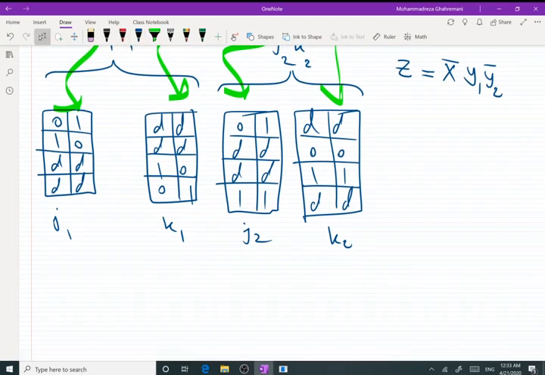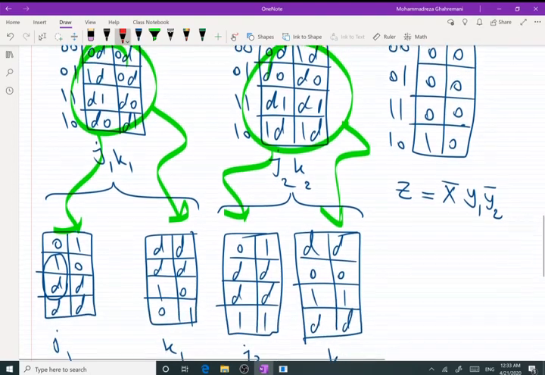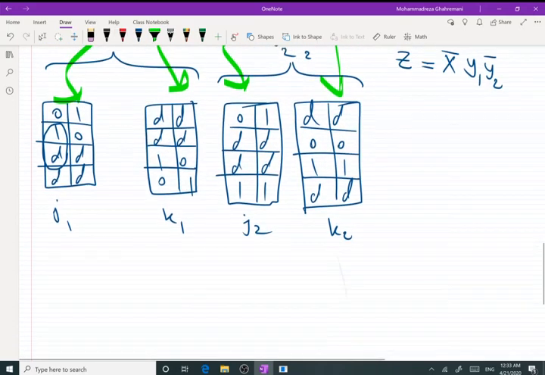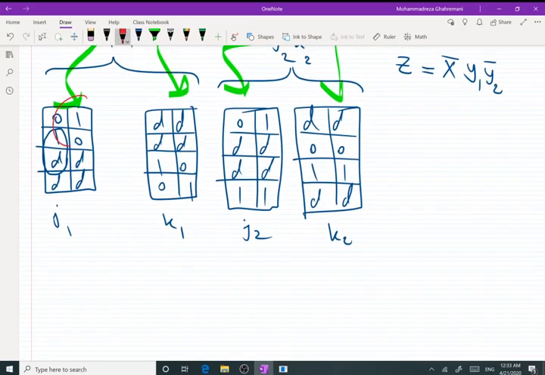Now we need to simplify these functions. For J1 we can group these two, and of course, let me look here. This one for the first table should be 0, not 1. I'm talking about this part.